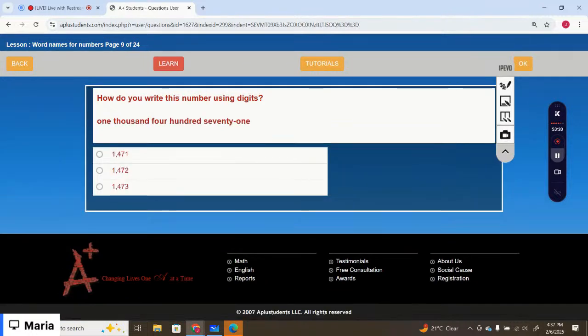How do you write this number using digits? 1471.